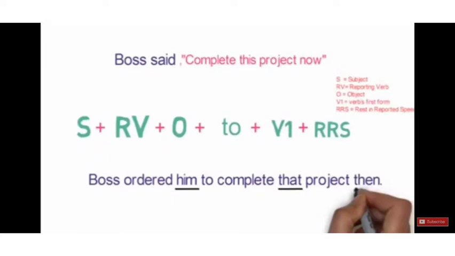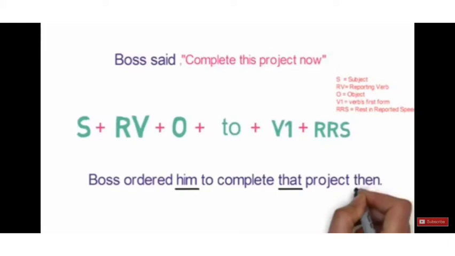Boss said, complete this project now. As usual, our structure is subject plus reporting verb plus object plus to plus verb first form plus remaining part in the reported speech. Converting into indirect speech, the final answer is: boss ordered him to complete that project then. Listen, said will be converted into ordered as per the rule and sense of the given sentence.